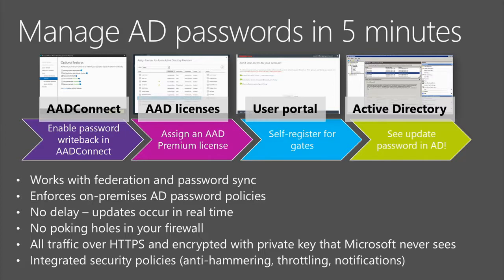Either you administratively update the users' registration information, or you have a user do that within the user portal, and then you go look at Active Directory and you see the passwords being changed, right? So as quickly as that, you're enabling the availability of password reset for your organization outside of your network.